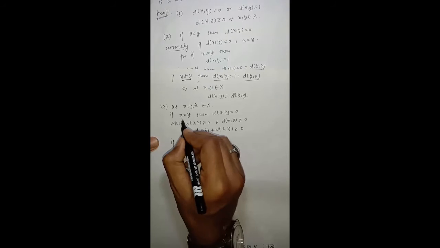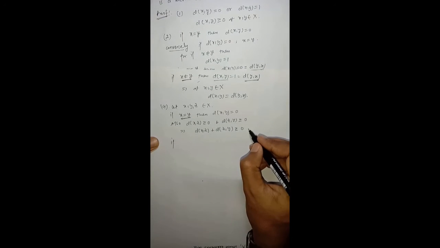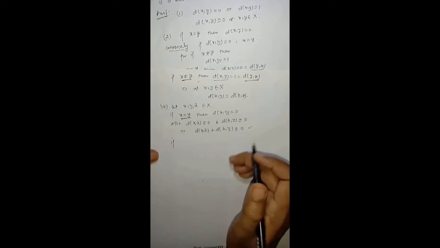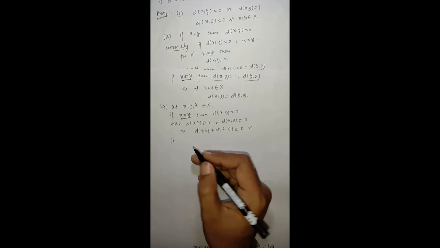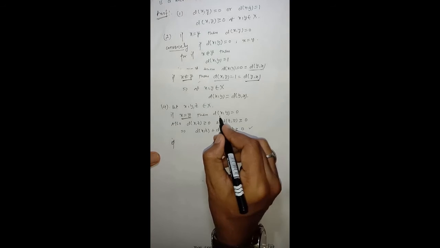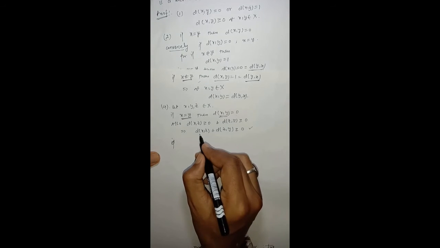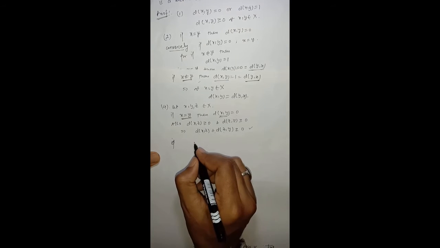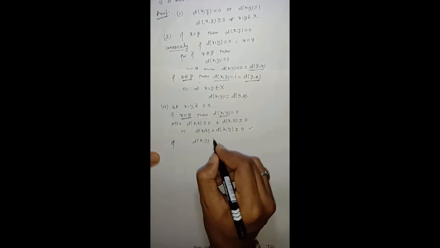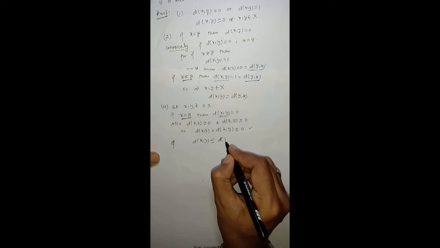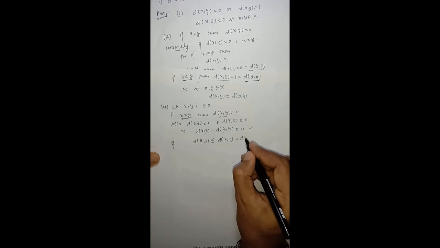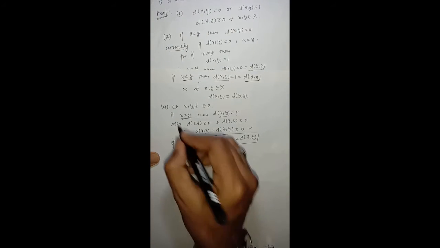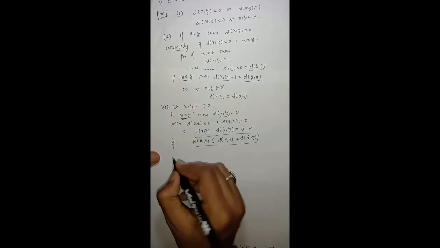Because d(x,y) is 0, d(x,y) is less than or equal to d(x,z) plus d(z,y). So the property holds in this case when x is equal to y.